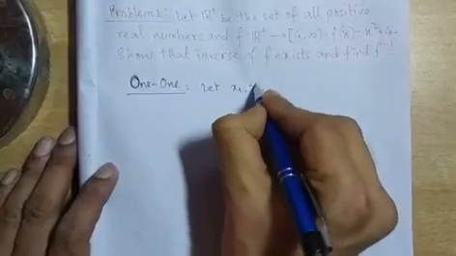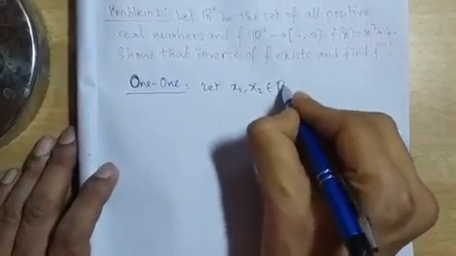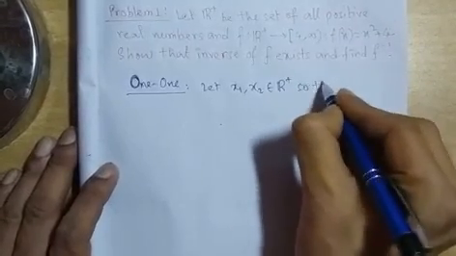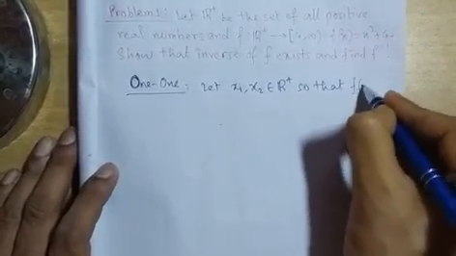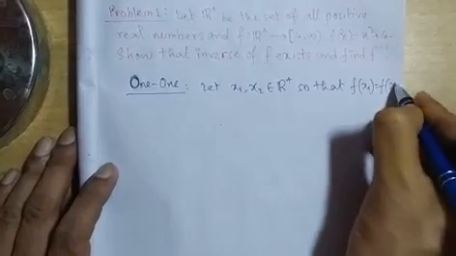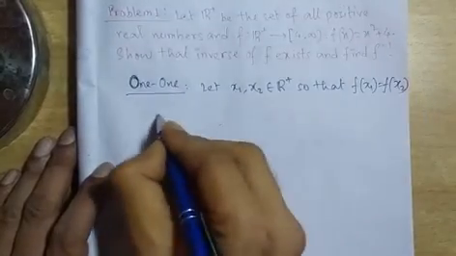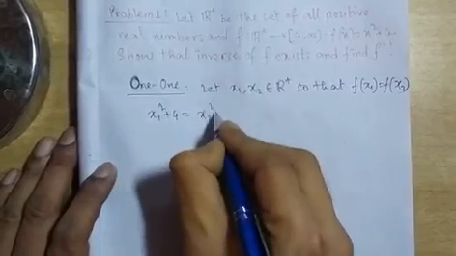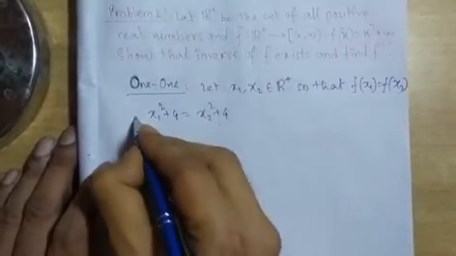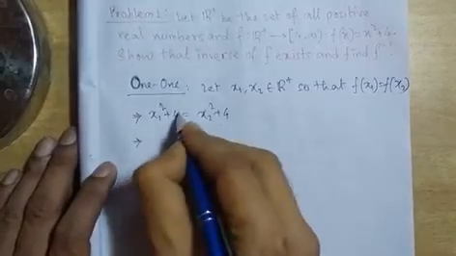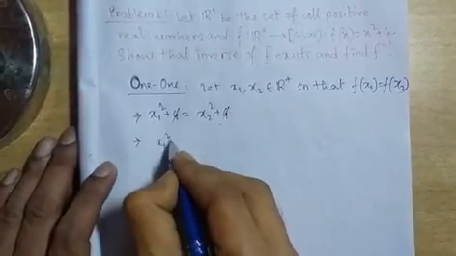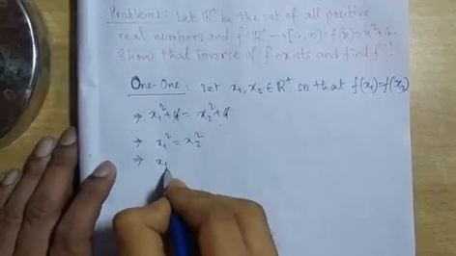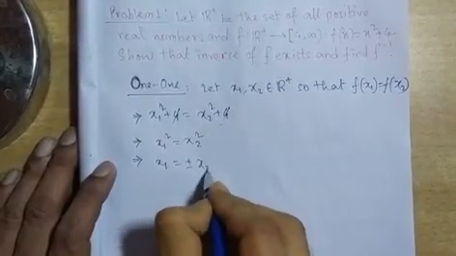two points x1, x2 from R plus, which is the domain, so that f of x1 equals f of x2. That means x1 square plus 4 equals x2 square plus 4. It's clear. Then 4 will cancel out and it will be x1 square equals x2 square, and taking square root it will be x1 equals plus or minus x2.